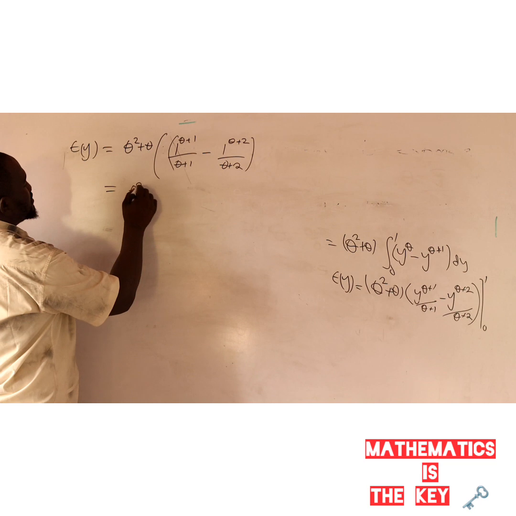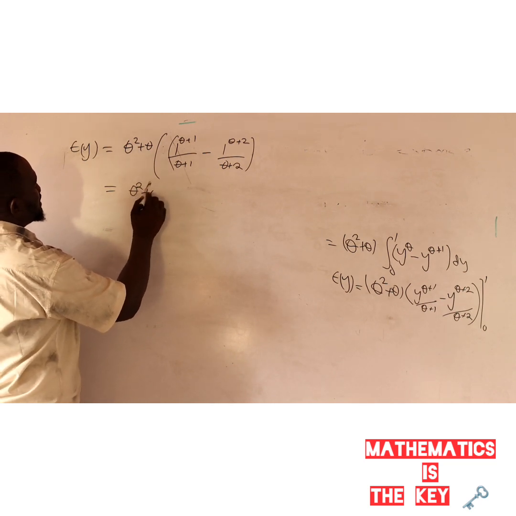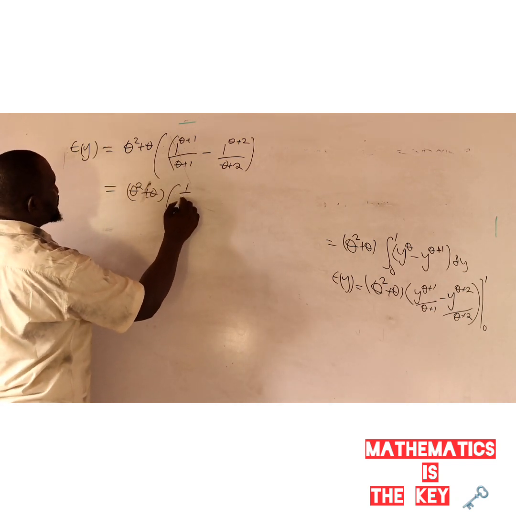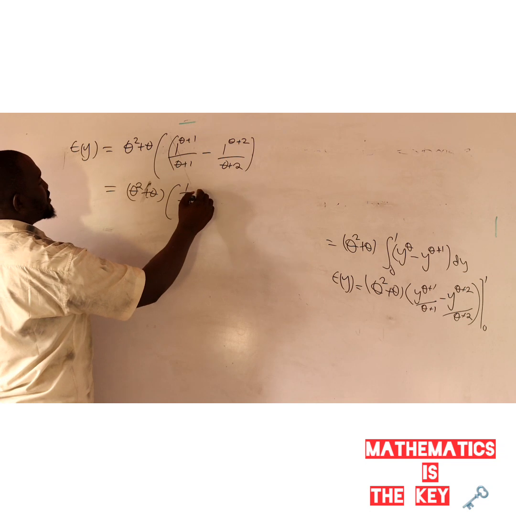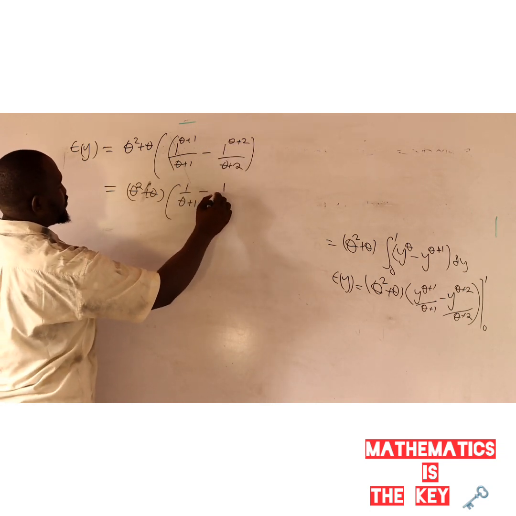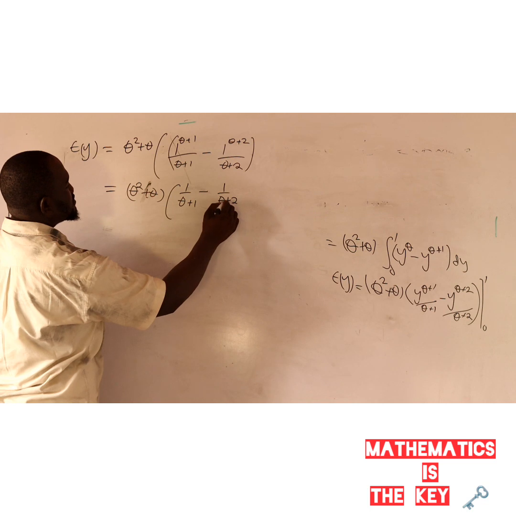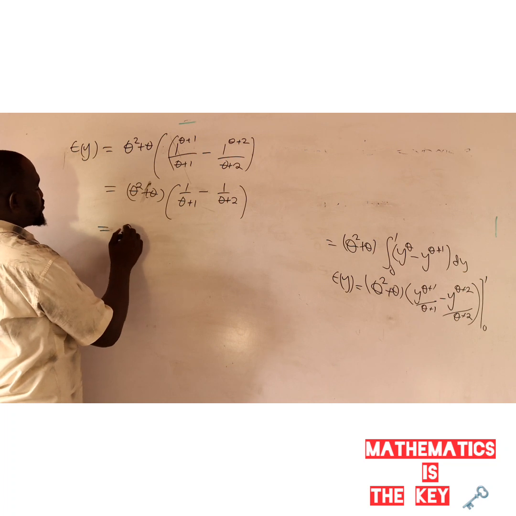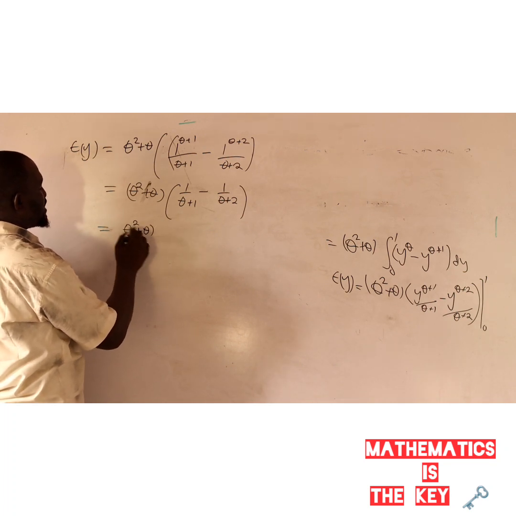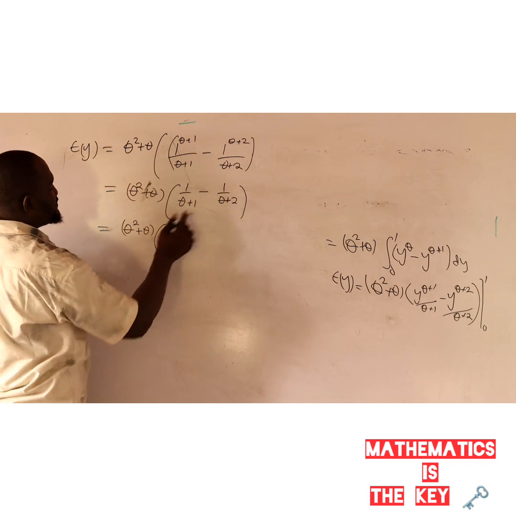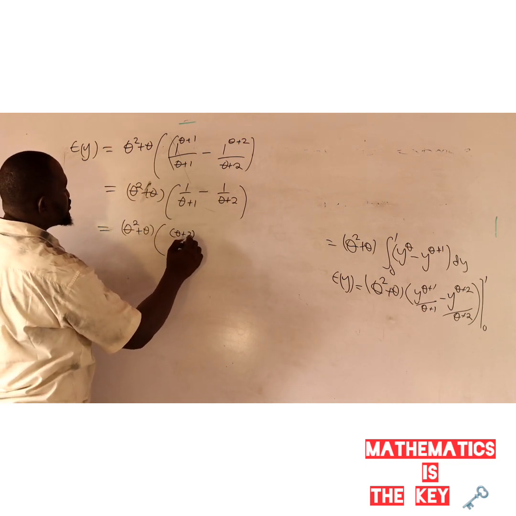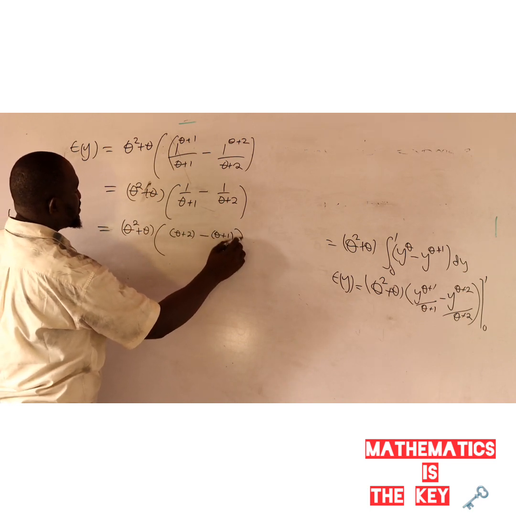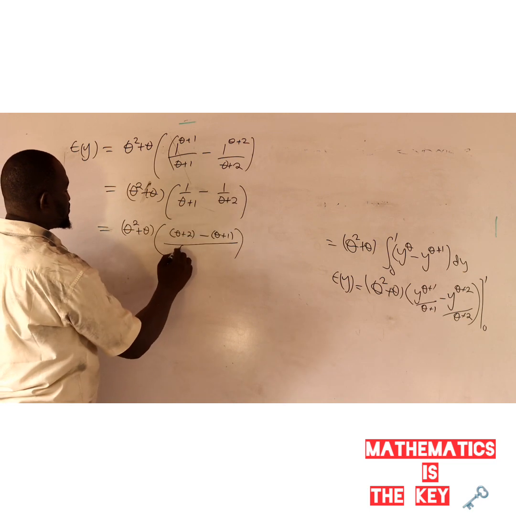This is going to give us theta square plus theta. 1 raised to any number is 1. So we have 1 all over theta plus 1 here, minus the same thing here, we are going to have 1 all over theta plus 2. So simplify this. We are going to have it as theta square plus theta, 1 times this factor is theta plus 2, minus 1 times this factor is theta plus 1, all over this factor times this factor.